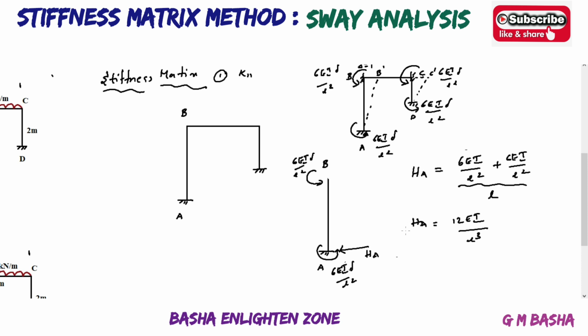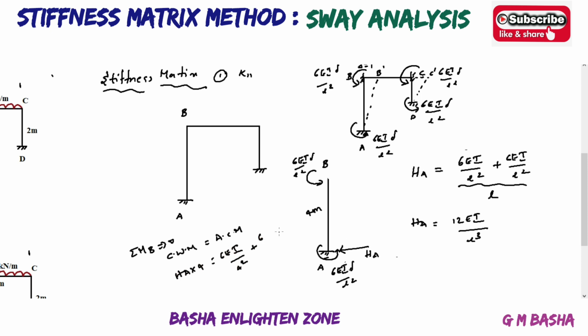Otherwise, you can solve the problem by using sigma MB equal to 0. So I am resolving all the forces directly here. Clockwise moments on one side, anti-clockwise moments on the other side. So resolve this one, HA into 4, which is in the clockwise direction. And what are the anti-clockwise moments? That is 6EI by 4 square, L in terms of 4 meters here.